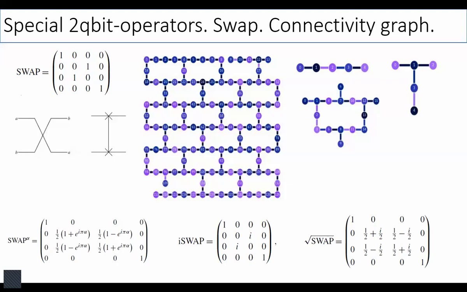Physical implementation is physical implementation. Not all computers implement controlled-not as a basic element. Some of them implement the square root of swap as a basic element. Some of them implement iSWAP as a basic element. There is one more gate which some computers use. I will show it in further slides.